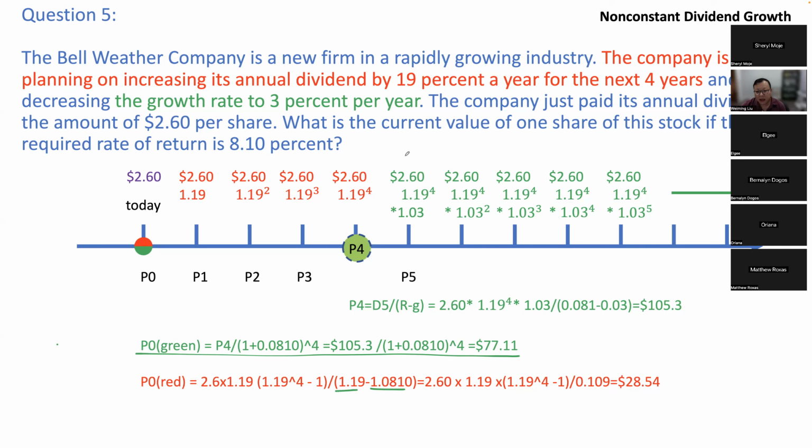Yeah. So if you calculate this stream, for the green part, the payment D5 is this one, right? So the formula we have is P0 equals D1 divided by R minus G, okay? But now this one starts with D5.